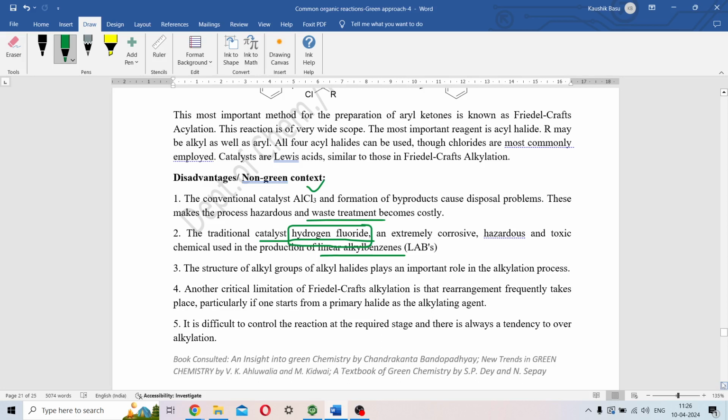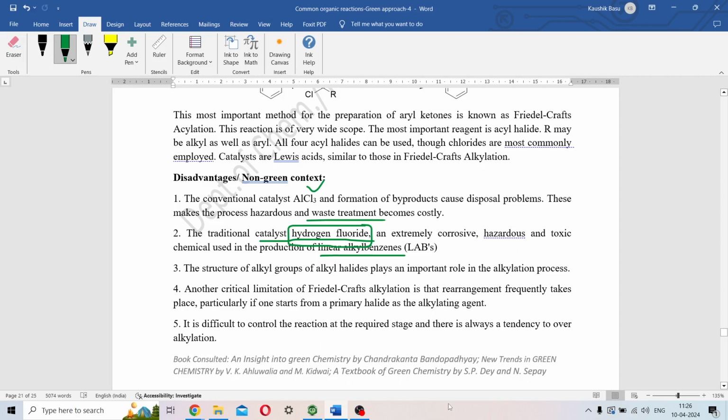This is extremely corrosive, extremely hazardous for health, and extremely toxic, and therefore special types of containers and special apparatus are needed to handle this catalyst. But this catalyst is very effective for generation of linear alkyl benzene. So we would like to have developed methods where we can generate linear alkyl benzenes in high yield without using the toxic HF.